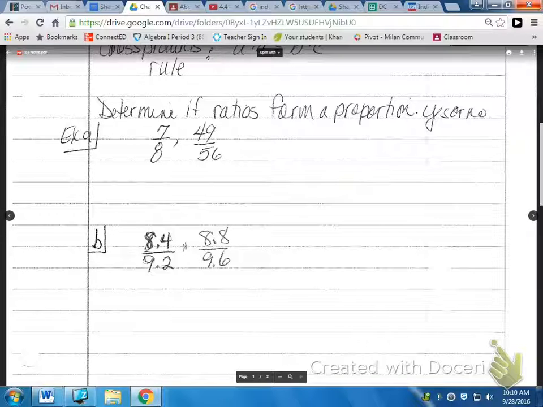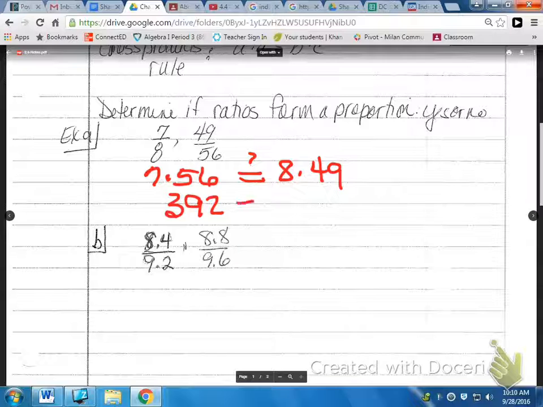And what I'm going to do is perform the cross products by saying 7 times 56 and checking to see if it is equal to 8 times 49. And in this case, 392 is equal to 392, so you would say yes.